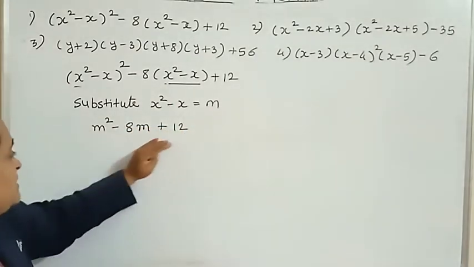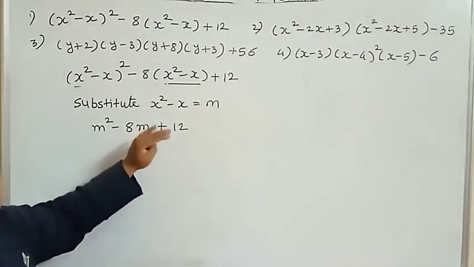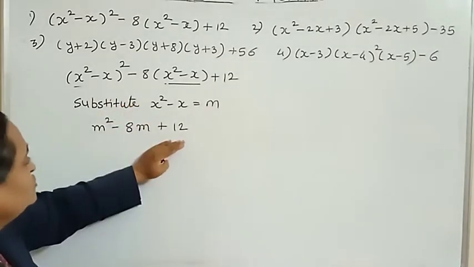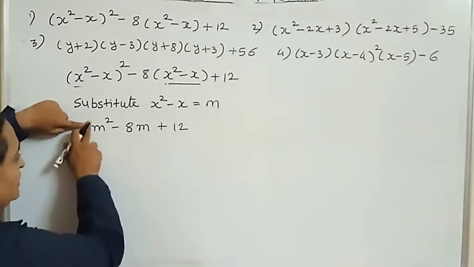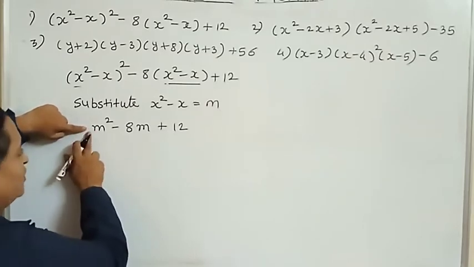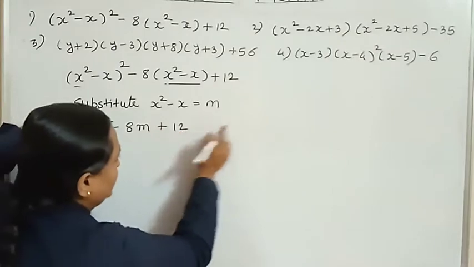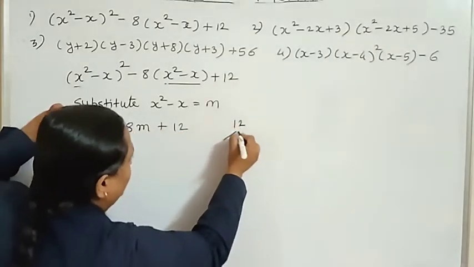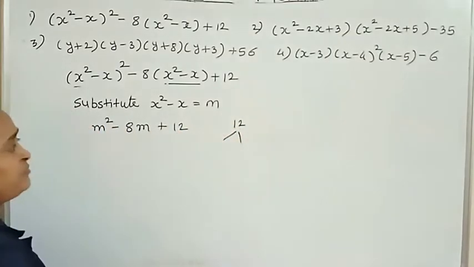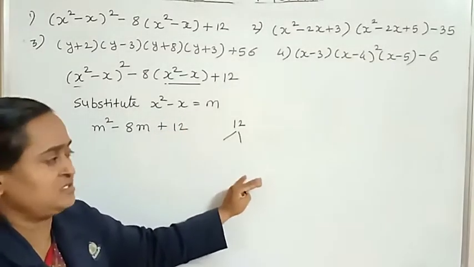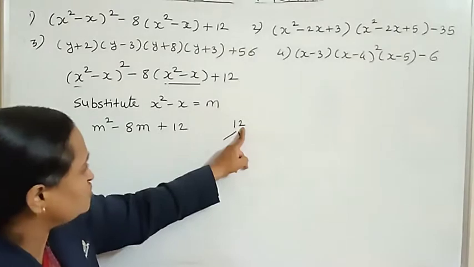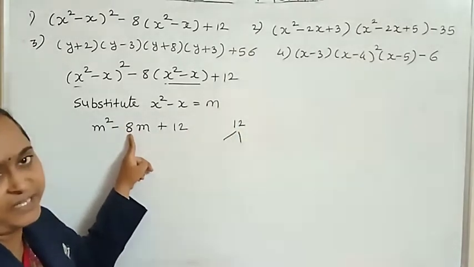Now you got this trinomial and you have to find the factors of it. See how you will find factors. First we multiply. Here no coefficient is there, means 1 is there. 1 multiplied by 12 gives 12, and the sign is positive. Now we want two factors whose multiplication is 12 and addition is 8.